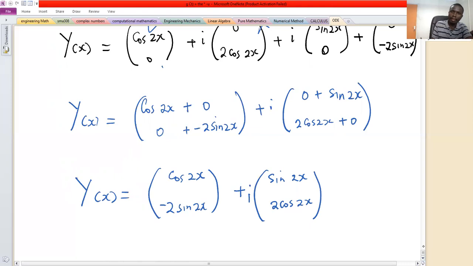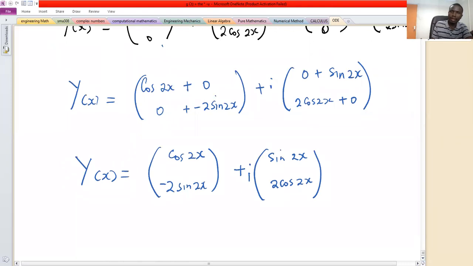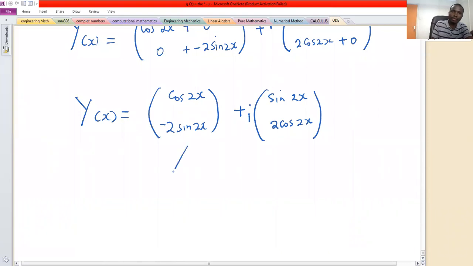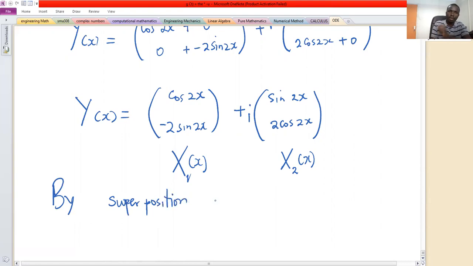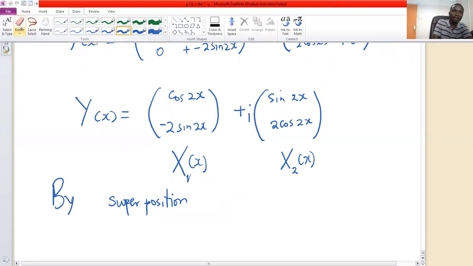Remember from what we discussed in the introduction, for the case of complex eigenvalues, this is what we call x1 of x, and this is what we call x2 of x. Then by the superposition principle, because now the variable here is y, we call these y1 and y2, not x.